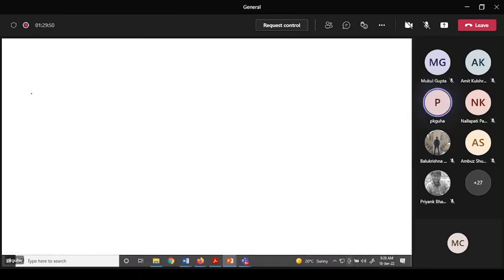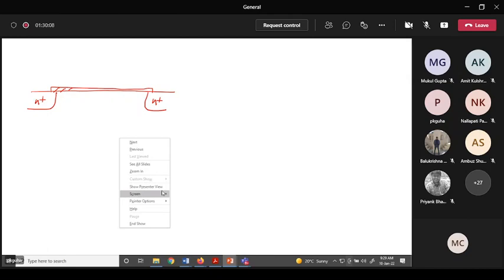So I have a long channel MOSFET. Again I am drawing an NMOS.